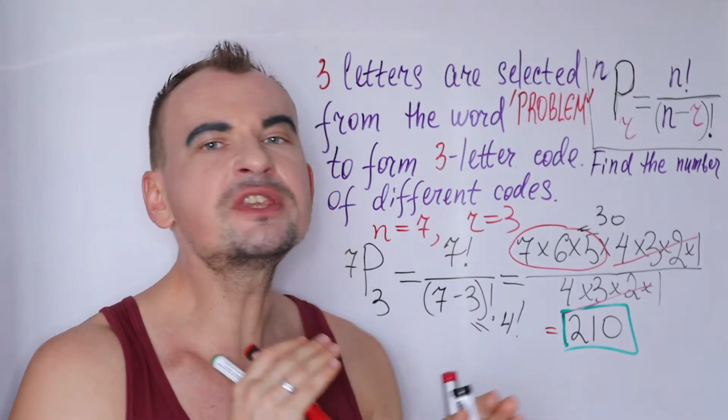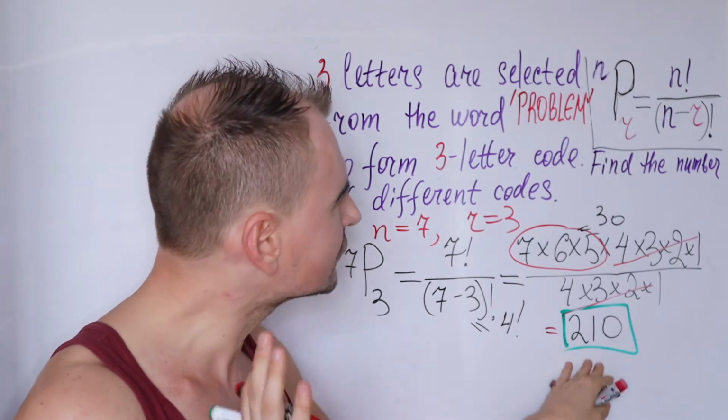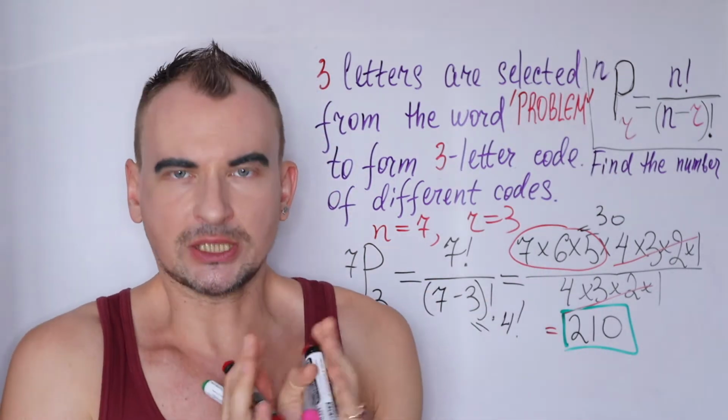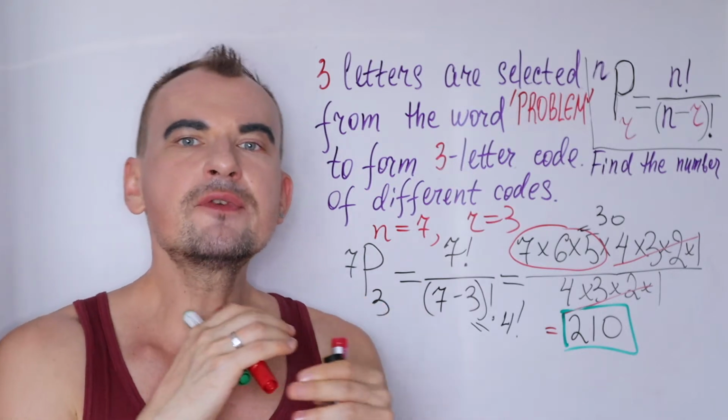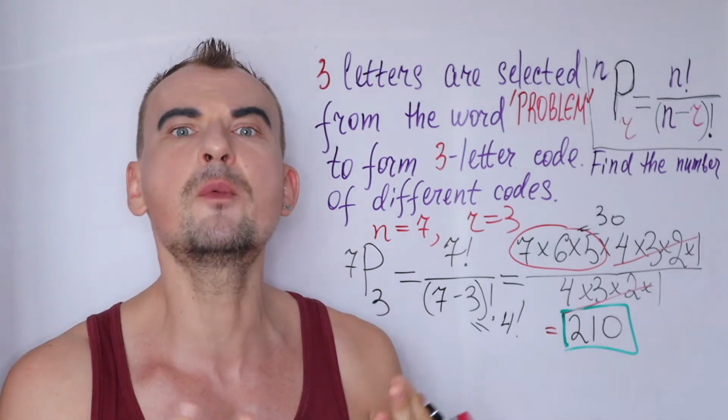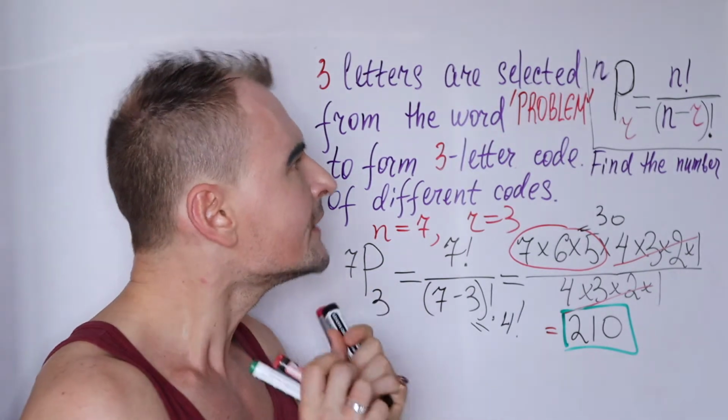Now, that's your total answer, that's your total number of 3 different letter codes. Now, I would like to give you another quick way of solving this problem.